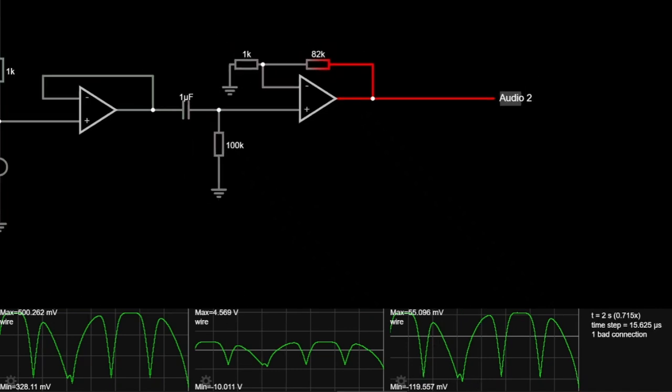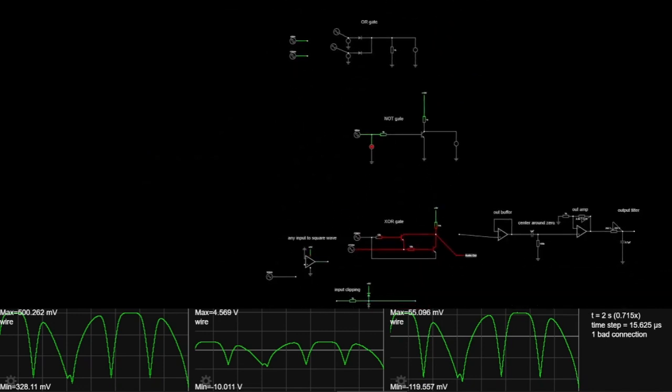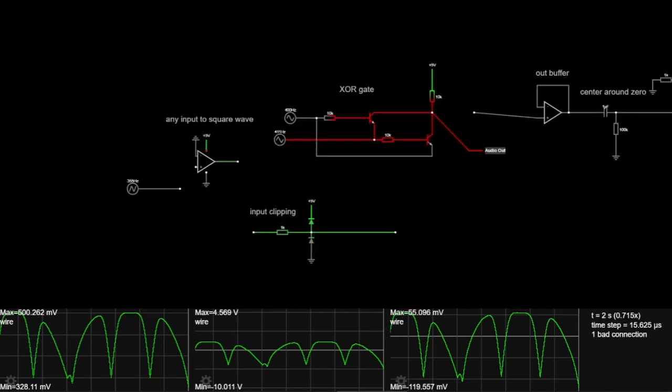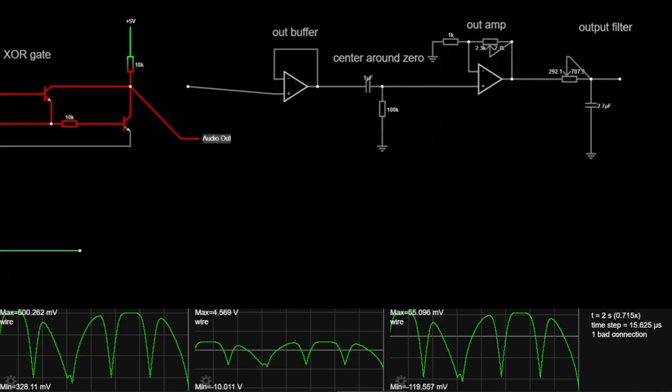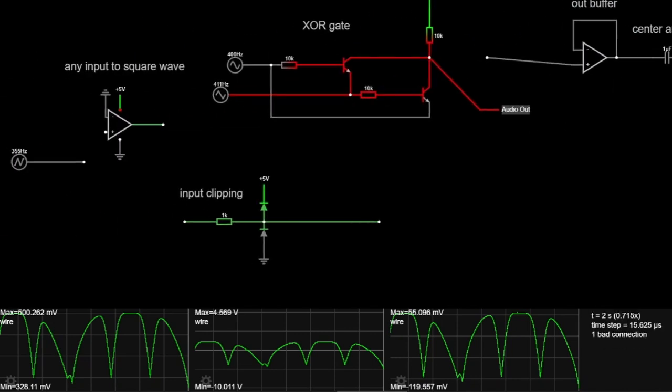But if we look down here, I have done a similar thing. And yeah, it's really going to be so cool, this. This was just an alternative if you want to turn an analog signal into a digital signal.